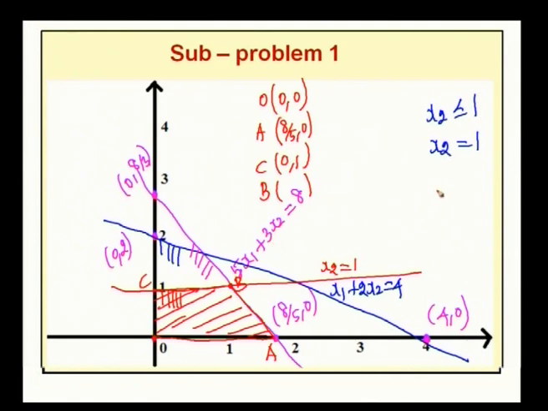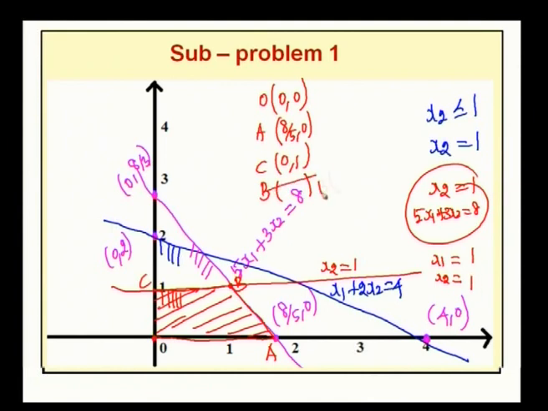So by solving these equations, we will get the values of x1 and x2, which are the coordinates of B. By solving these two equations, we get x1 as 1 and x2 equal to 1. Therefore, the coordinates of B are 1, 1.